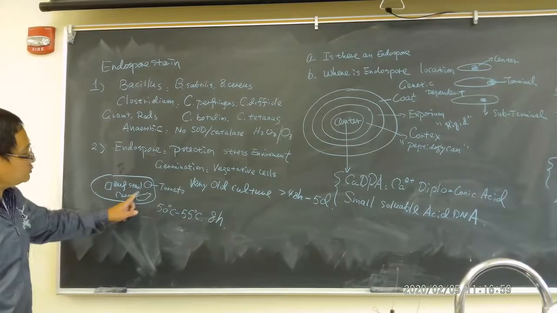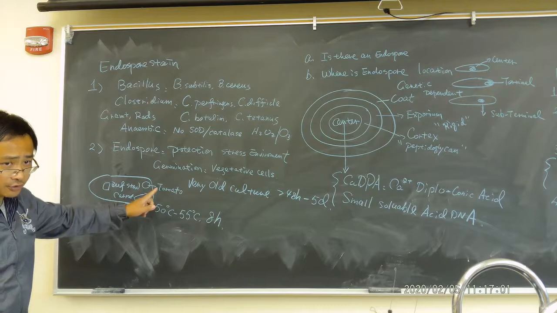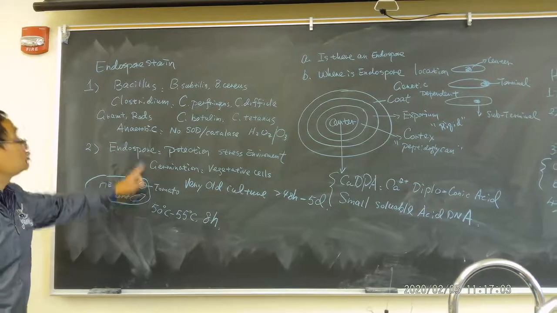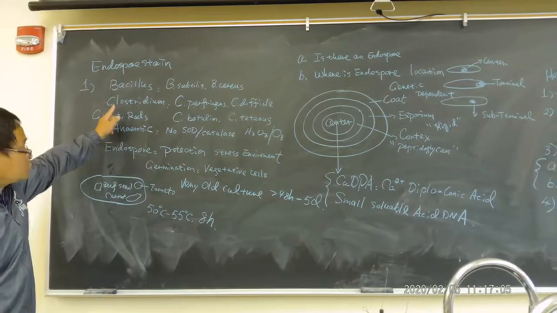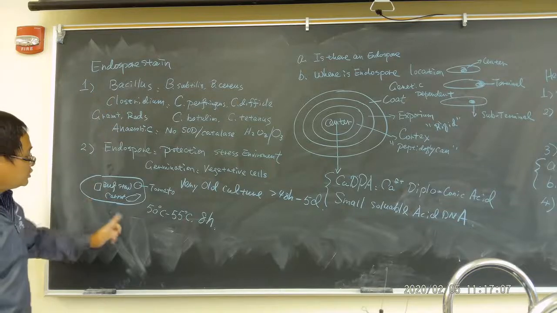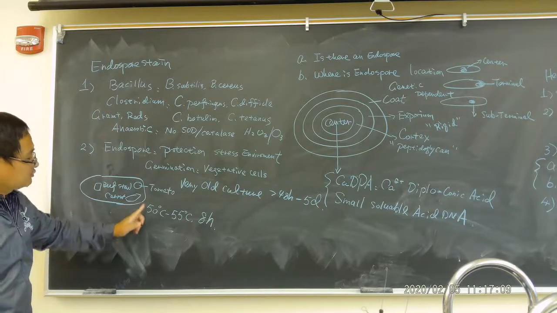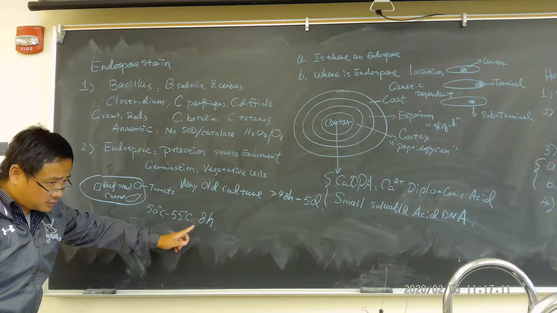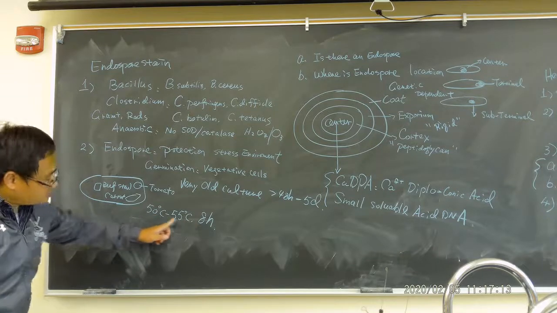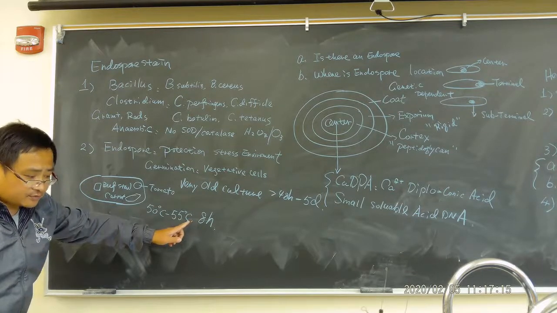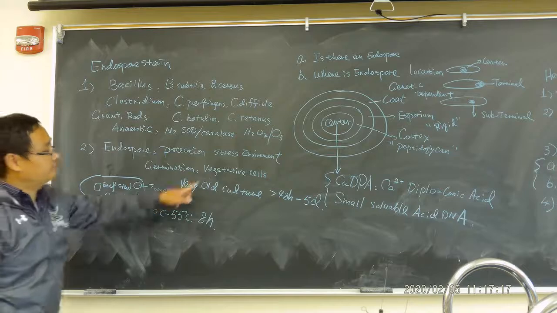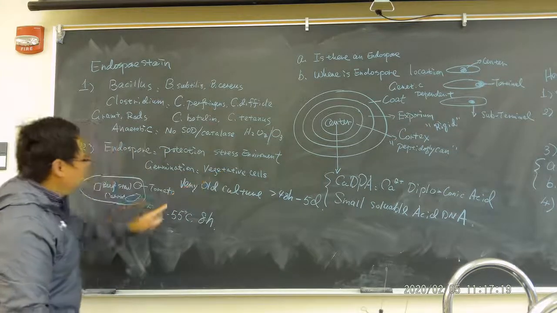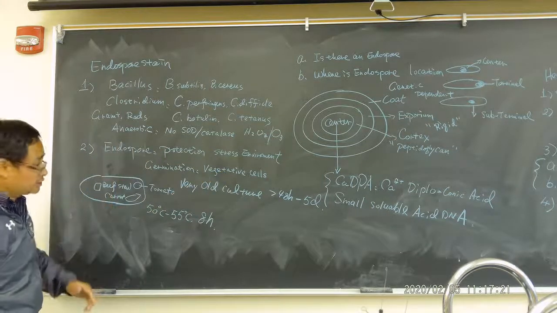You have a carrot, you have a tomato, those are from soil, very easy to contaminate with either Clostridium or Bacillus. Then you have a low temperature, 50 to 55 degrees Celsius. This low temperature heating will kill lots of the vegetative bacteria, but the endospore will be dominant.